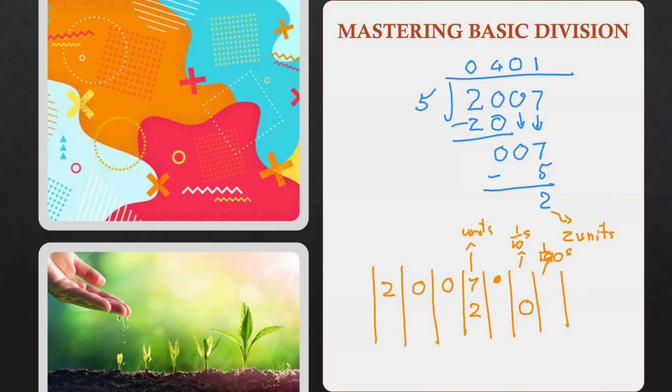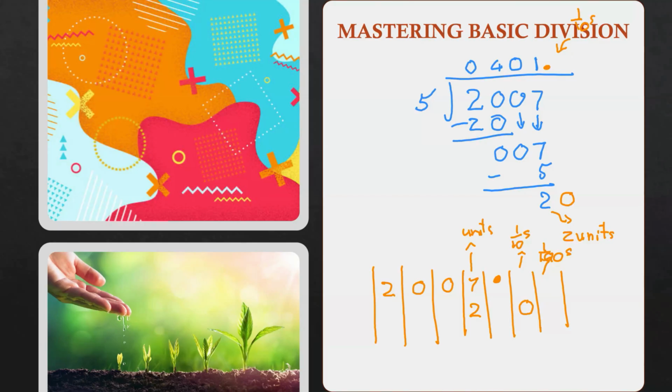So we put a 0 in, we actually change 2 units into 20 tenths. And that means the division gets to the tenths. That's why you put a dot in, and the next position here is called the tenths.